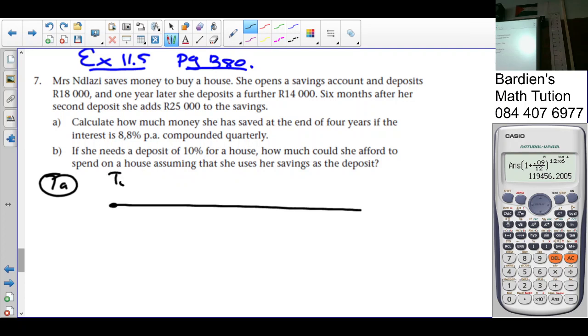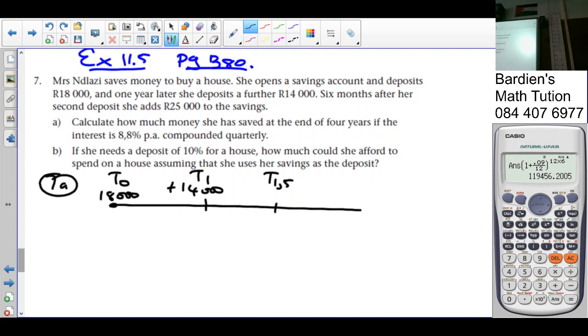So the initial deposit at T0 is 18,000. 1 year later, she deposits a further 14,000 rand. 6 months after the second deposit, she adds 25,000. So this takes you to where? To 1.5 years.